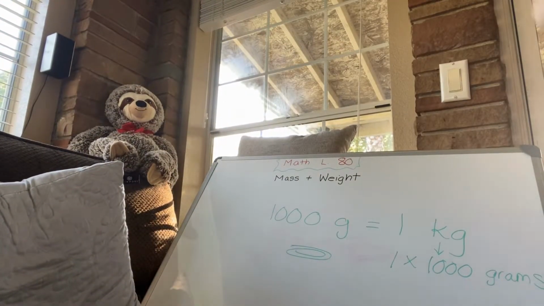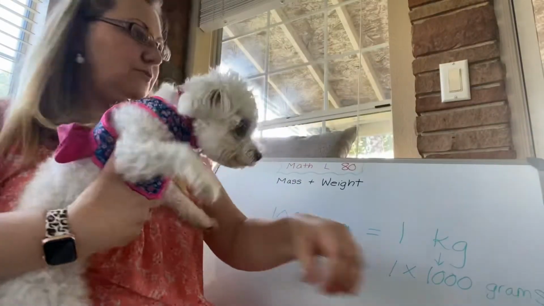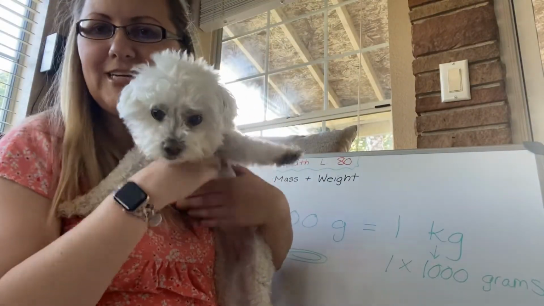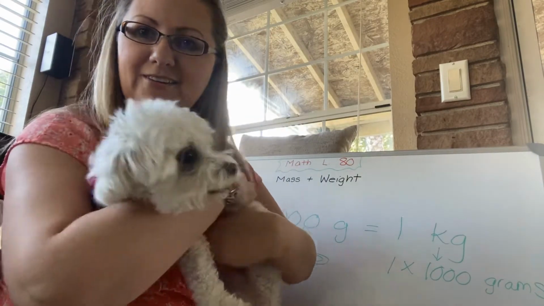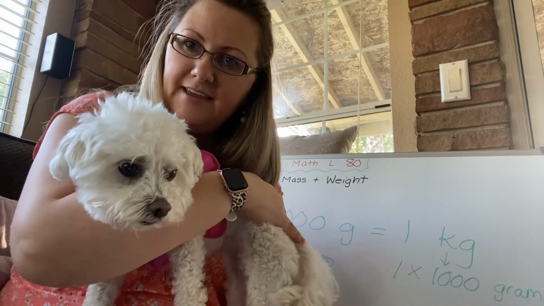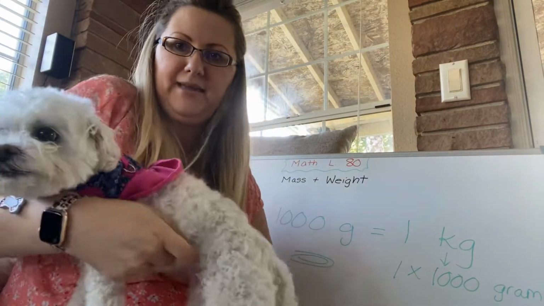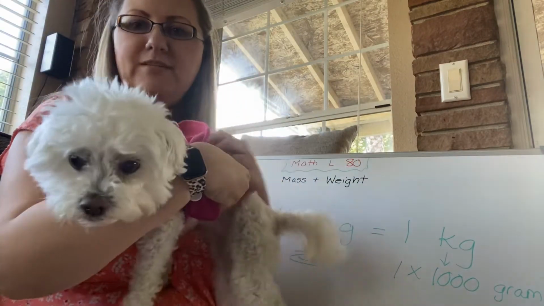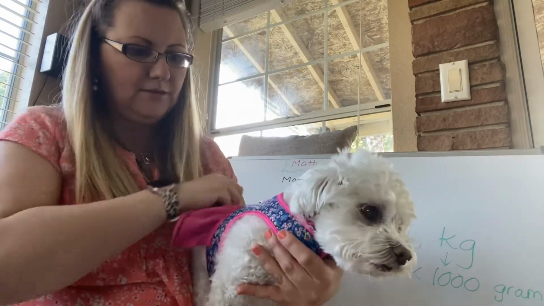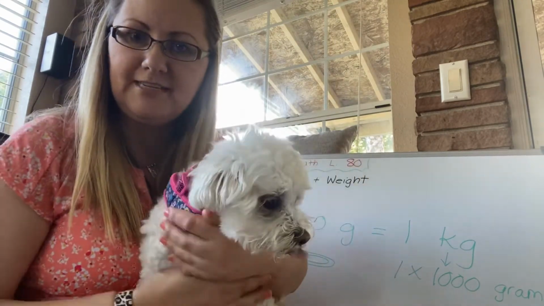All right, so let me introduce you to Izzy. Izzy, don't worry, you're fine. Here we go. We are teaching math right now. Now, Izzy is a very little dog. She may not look that little right now, but she is actually pretty tiny. Look at her little dress that she has on today.